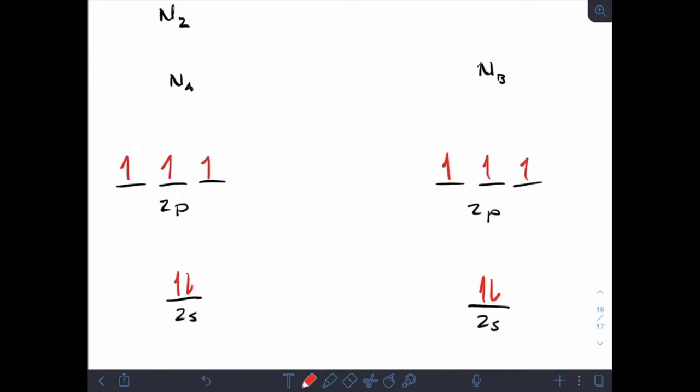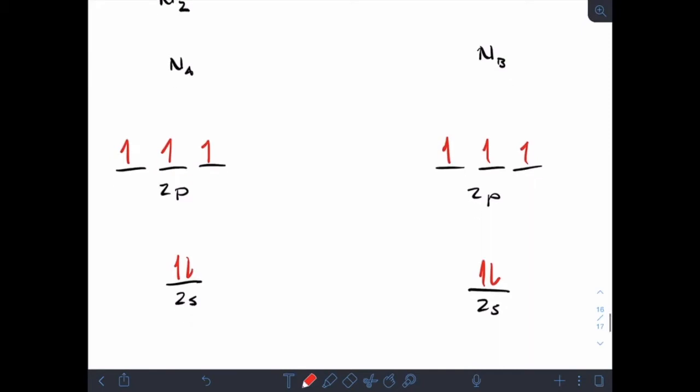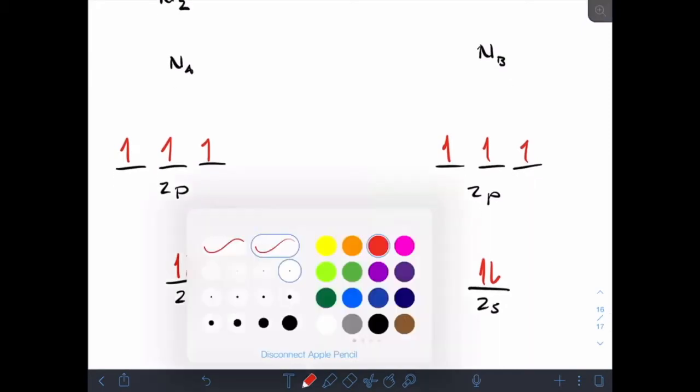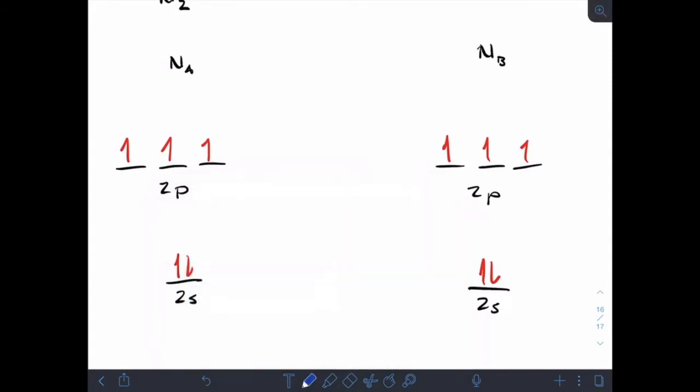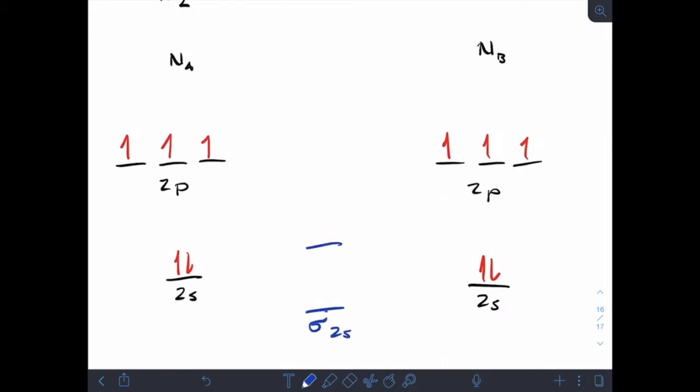Now, we've already dealt with the s part with hydrogen. The only difference here is that we're dealing with the 2s instead of the 1s, but the idea is the same. So I'll have my sigma and my sigma star for 2s.